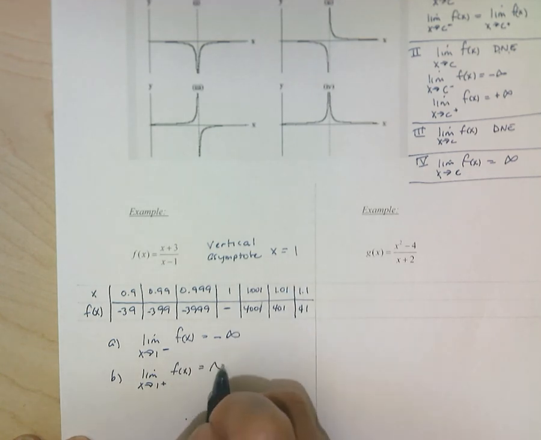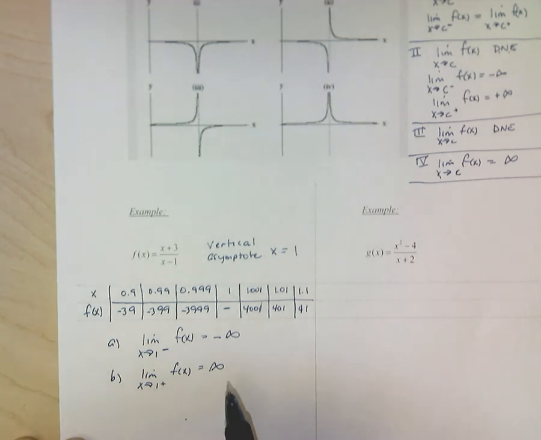So this is approaching infinity. So the limit fails to exist. We're just talking about behaviors. So the limit as x approaches 1 of this function, x plus 3 over x minus 1, does not exist.